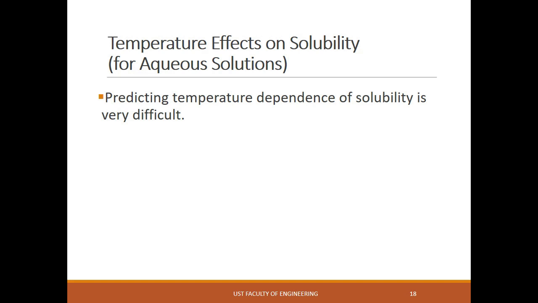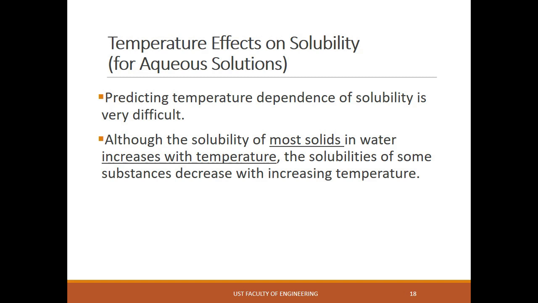When considering the solubility of solids, the relationship of temperature and solubility is not simple or predictable. Although, the solubility of a solid generally increases with increasing temperature. There is no simple relationship between the structure of a substance and the temperature dependence of its solubility.